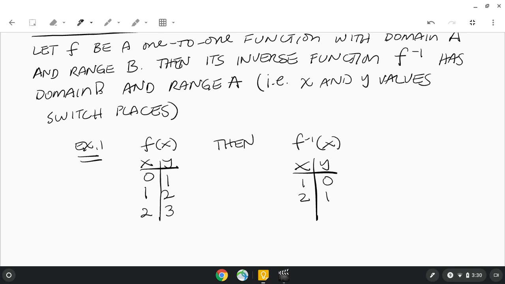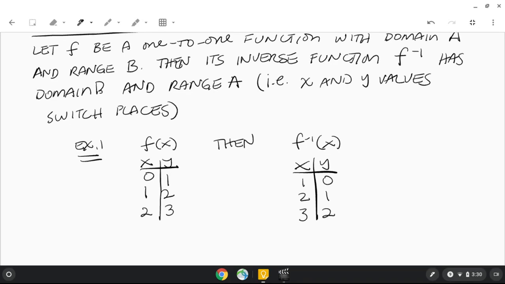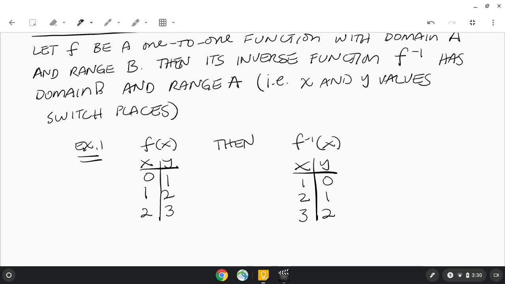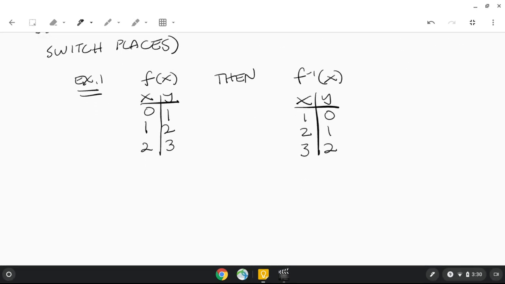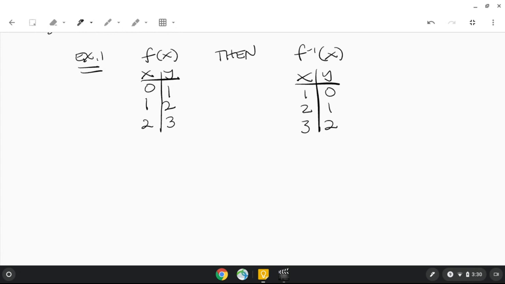And the 2, 3 values under the f of x chart will now be 3, 2. Okay, so whatever you have for your x values in f of x, they become your y values for the inverse. Okay.